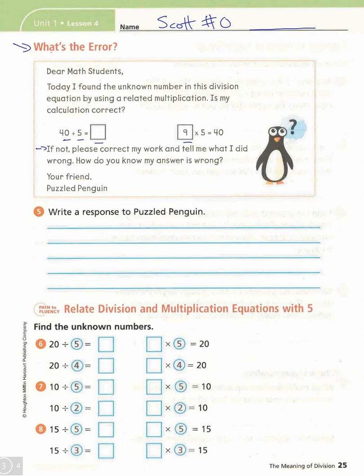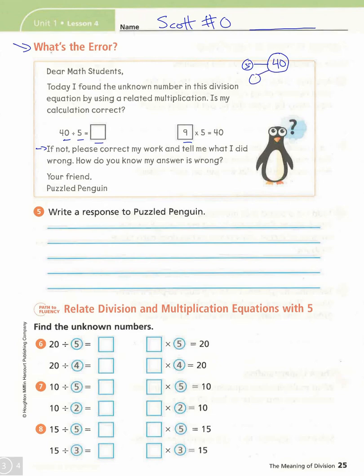Okay, so let's use what we know about division. Let's use our models. So let's find some space. Let's just do it right above him here. So if we start with 40, if that's our starting amount, and we divide it into groups of 5, so we're basically going to be counting by 5. Am I done? Nope.